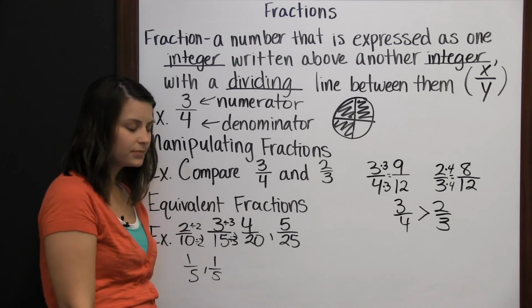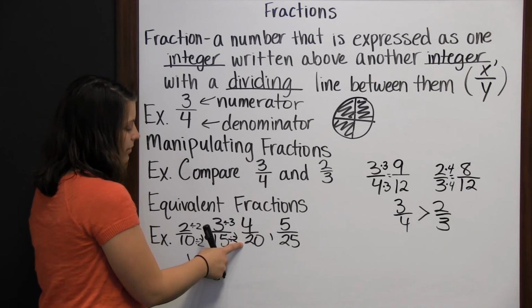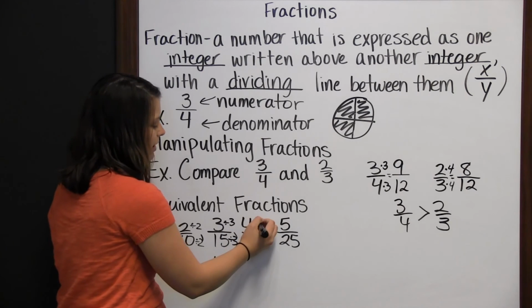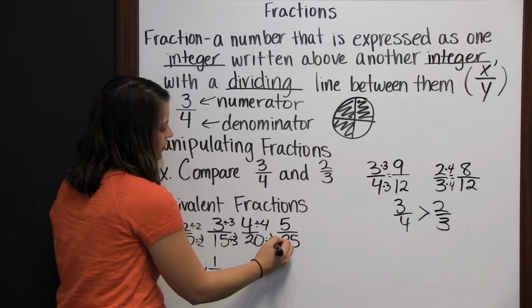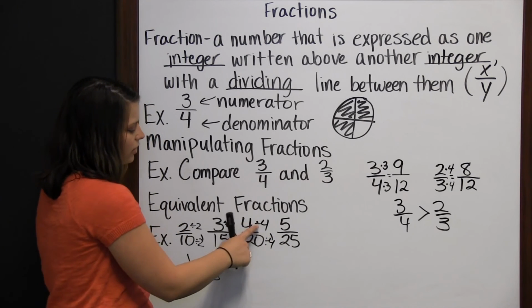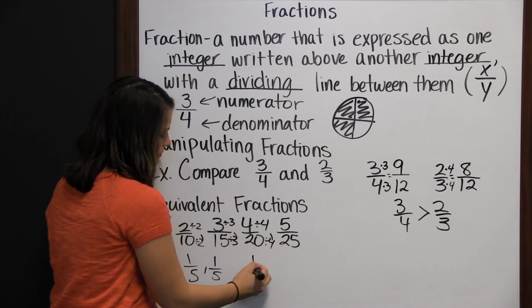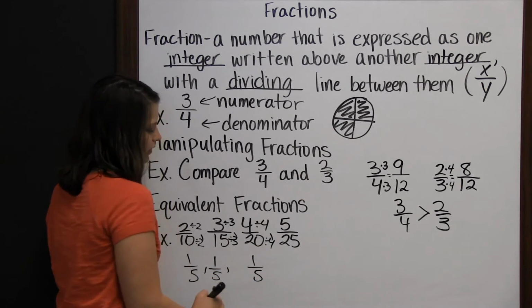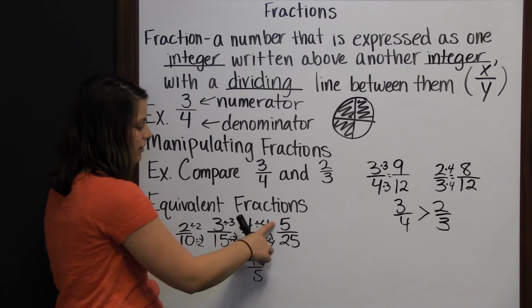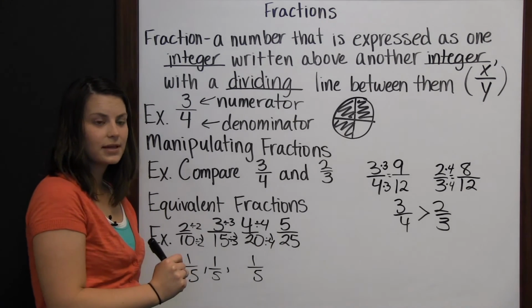4/20. Our numerator and denominator are both divisible by 4. So divide by 4, divide by 4. 4 divided by 4 is 1. And 20 divided by 4 is 5. Finally, 5/25.